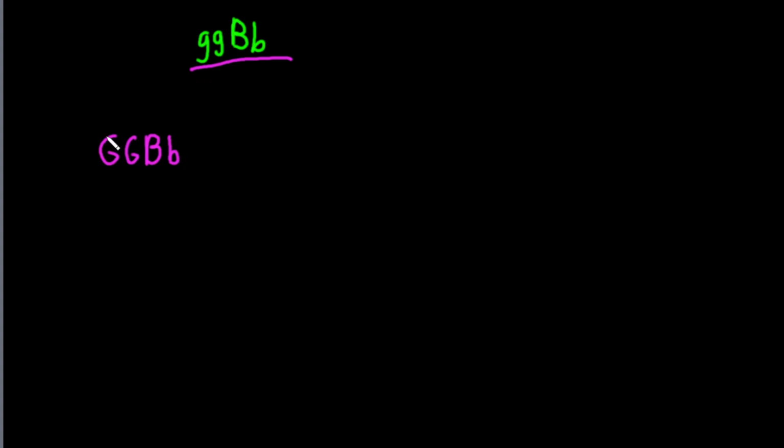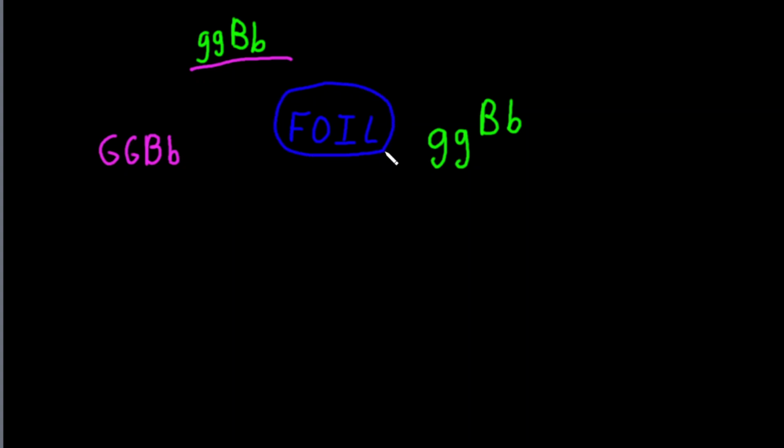So let's say if I have capital or lowercase g, capital B, lowercase b. And so we are going to use what's called the FOIL method, which stands for first, outside, inside, last. First, outside, inside, last. And so what we're going to do, we need 1G and 1B for each possible gamete.